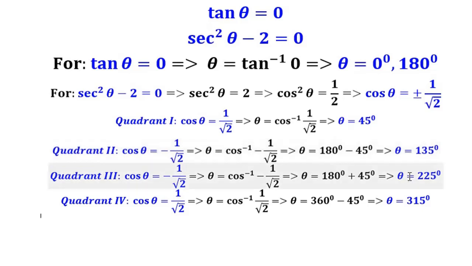In the third quadrant, the actual angle 225 degree is equal to 180 degree plus the reference angle, which is 45 degree. In the fourth quadrant, the actual angle, which is 315 degree, is equal to 360 degree minus the reference angle, which is 45 degree.